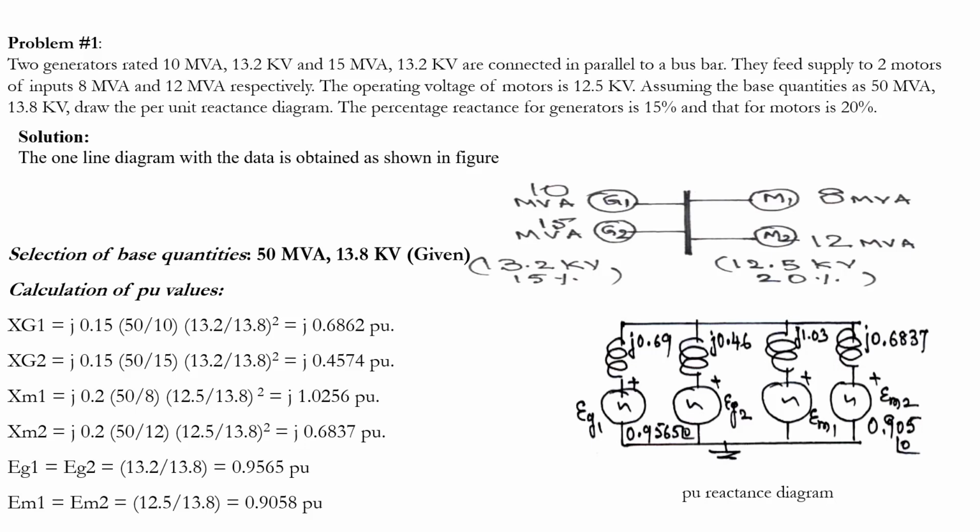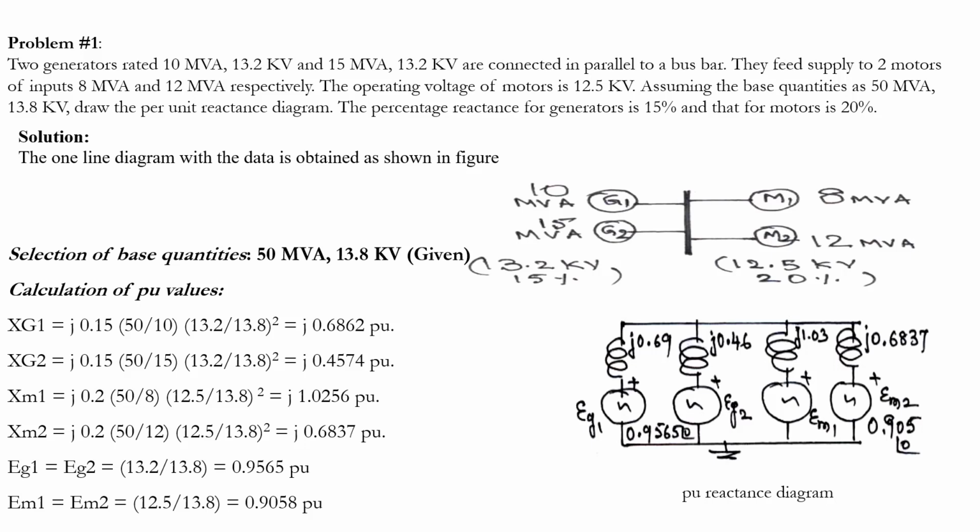From this given data, first draw the single line diagram. There are two generators, 10 MVA and 15 MVA, connected to the bus bar, and they feed two motors, which means that there is only one bus.